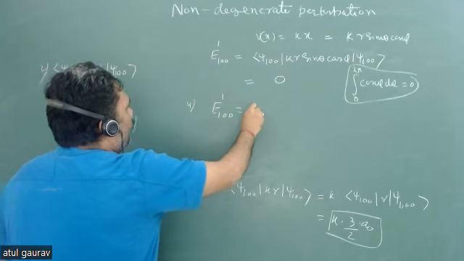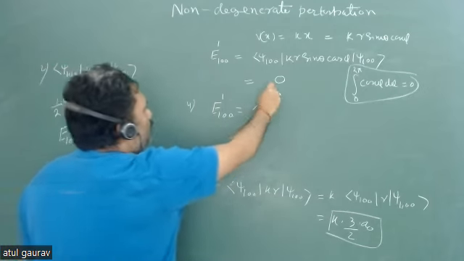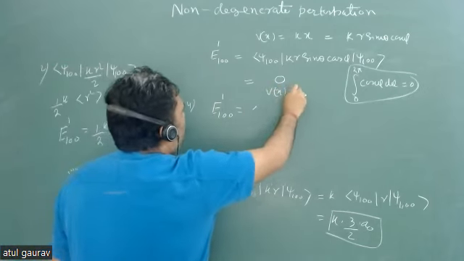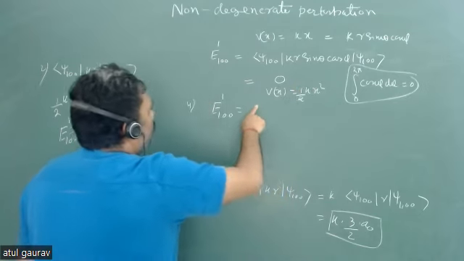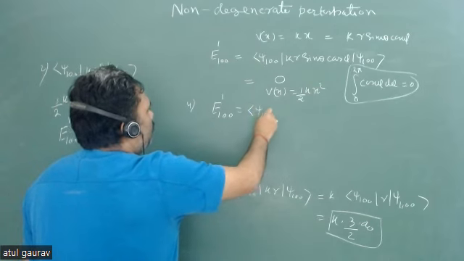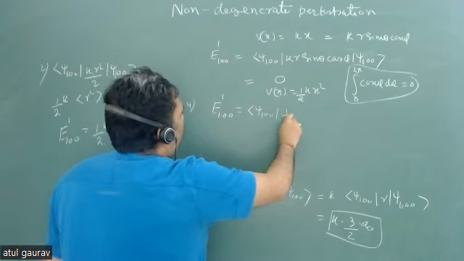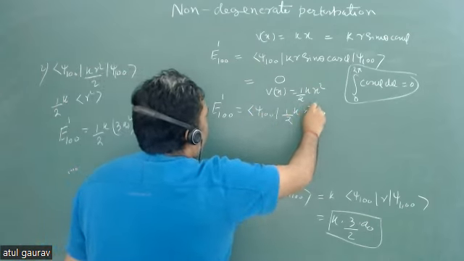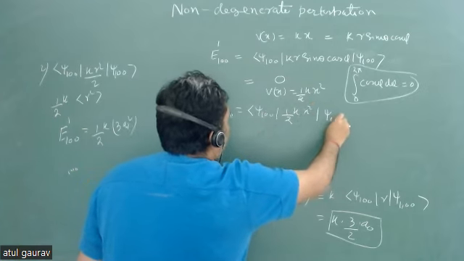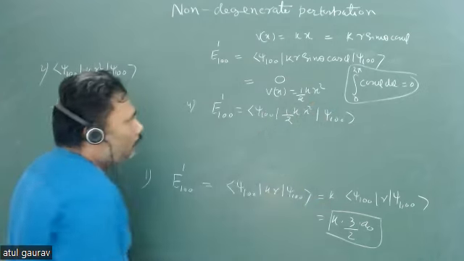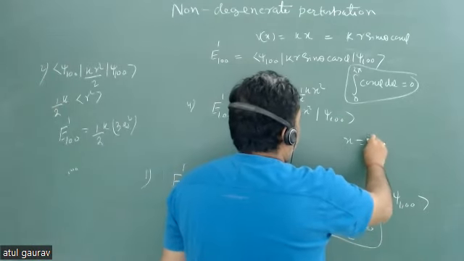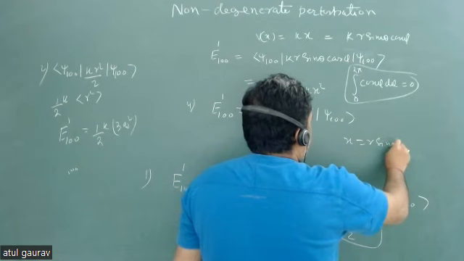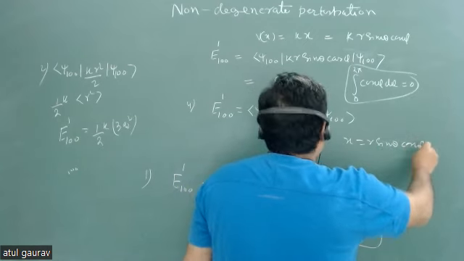E1001. And now what is your perturbation? Your perturbation is Vx is equal to half kx square. So you have to just go for psi 100 half k x square psi 100. Now you have to just write x is equal to r sin theta cos phi.